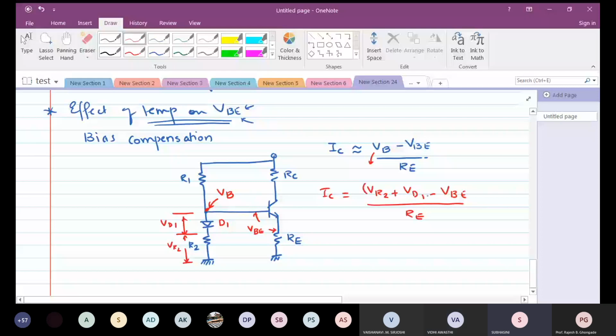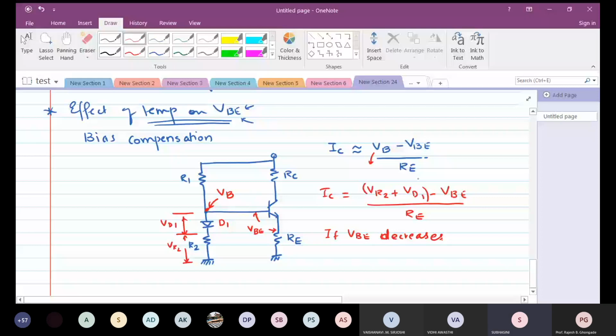Now, if because of temperature VBE changes, let us say VBE increases or decreases, look at what is happening here.